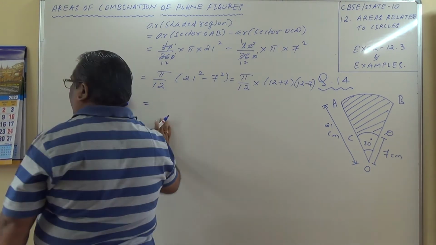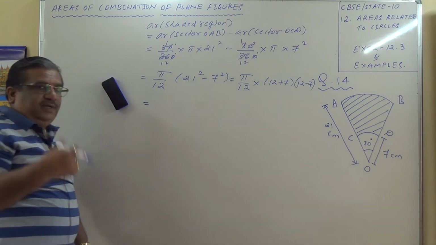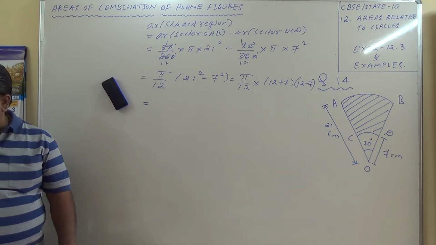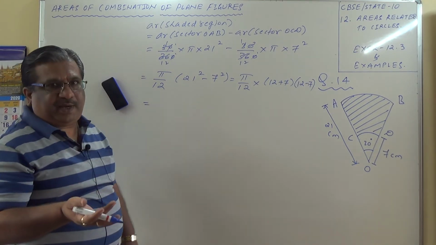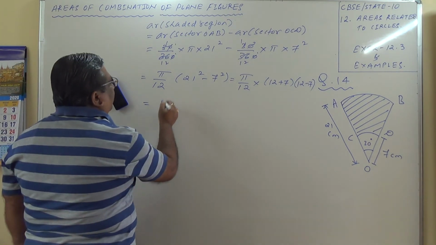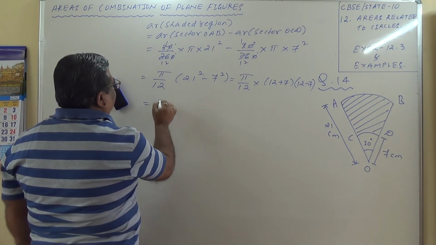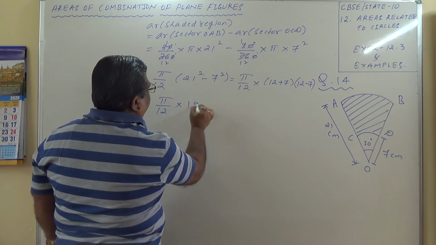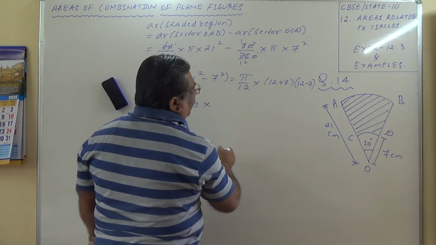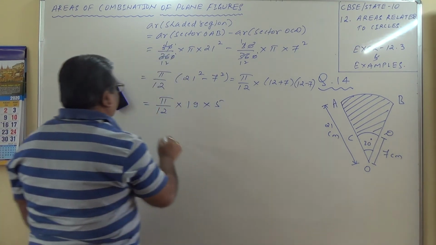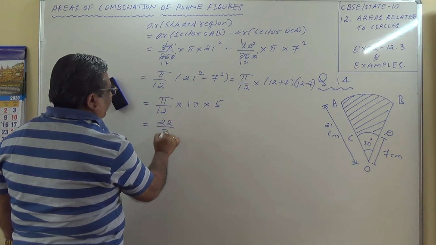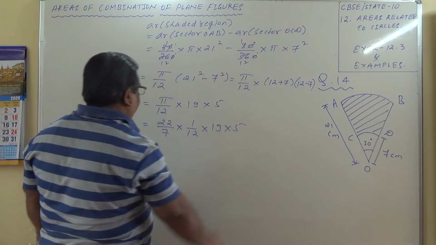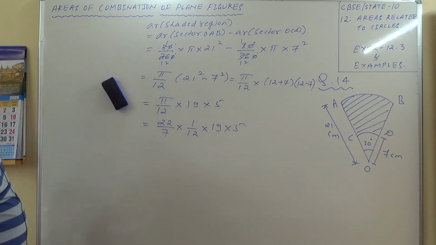What is the value of pi I have to take here? He has not given anything, and therefore I'll consider the value of pi as 22/7. Pi by 12 into 19 into 5.